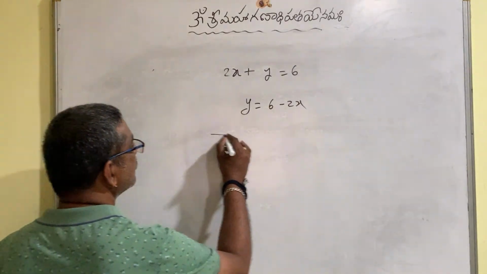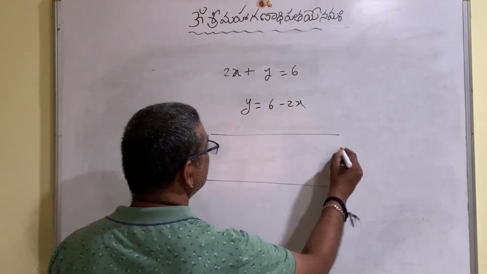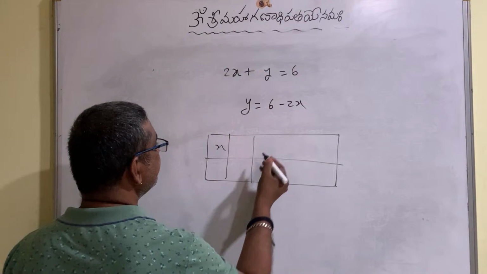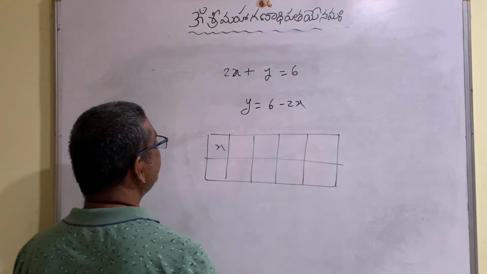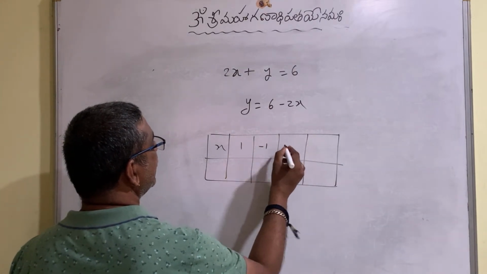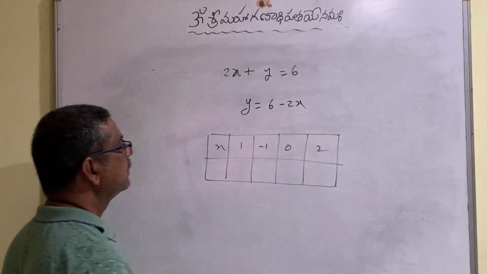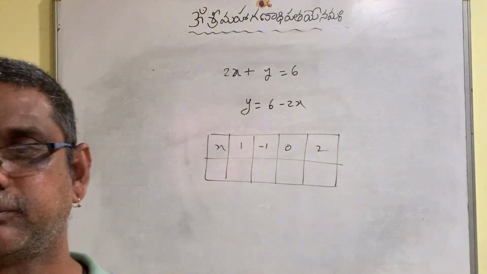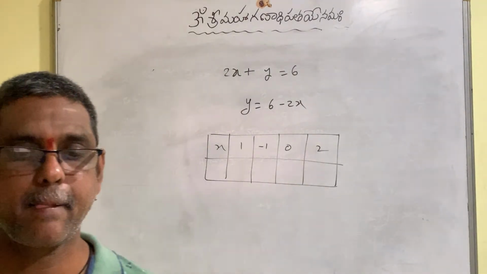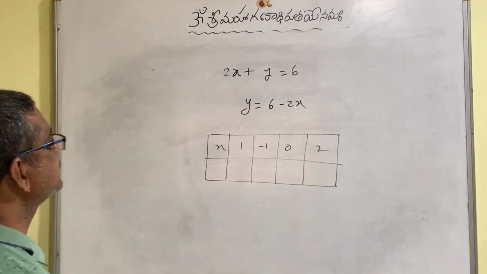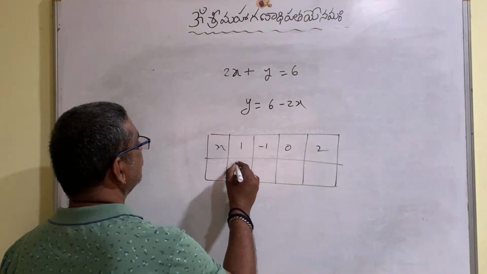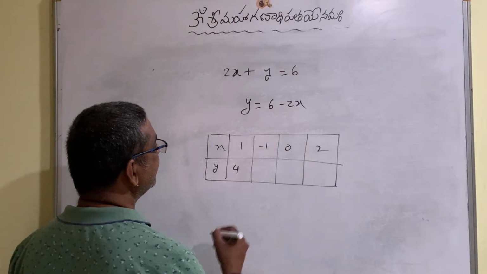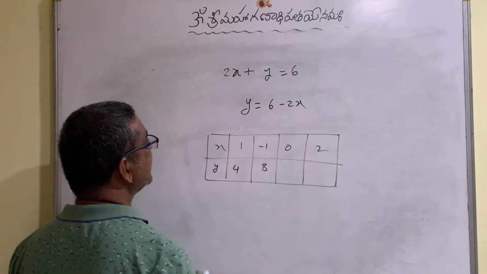Now, after doing that, give different values for x. If x is 1, y becomes 4. If x is -1, y becomes 8.